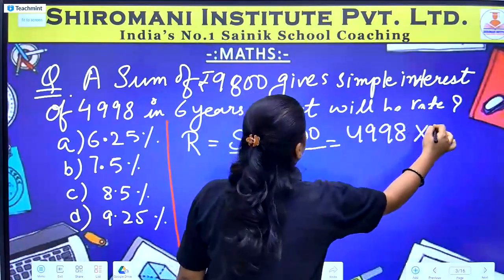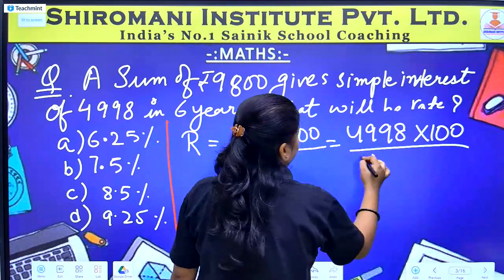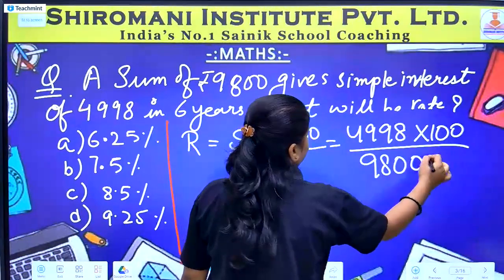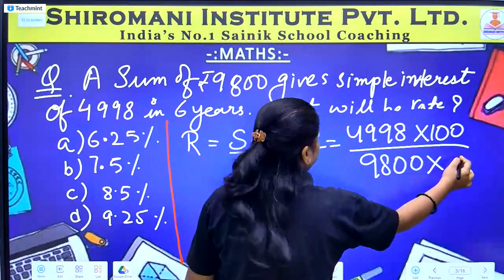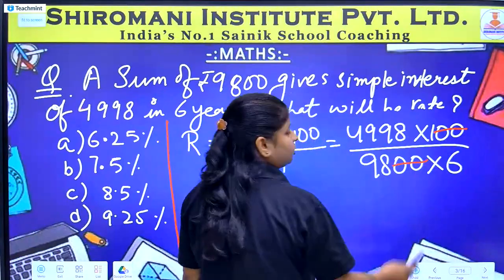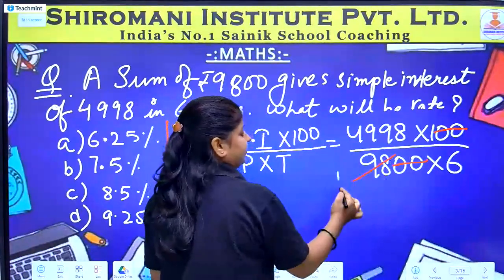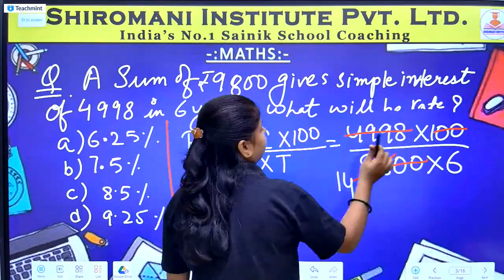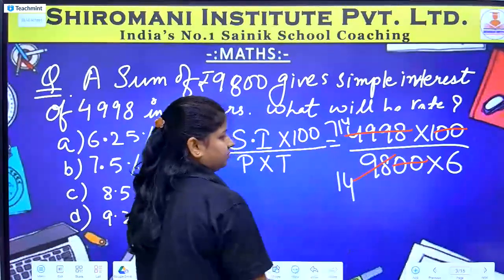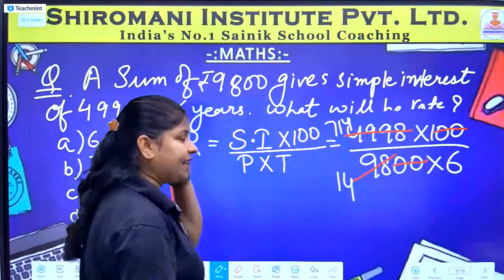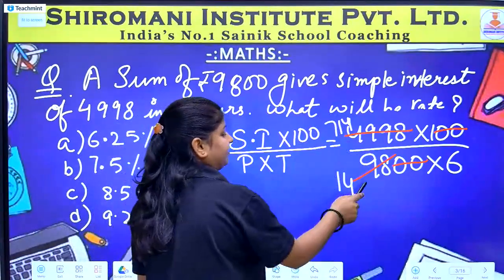4998 into 100, right? 9800 into 6. Two zeros cancelled out. By 7 it will be cut 14 times and this 714 times. 4998 divided by 7 is 714.